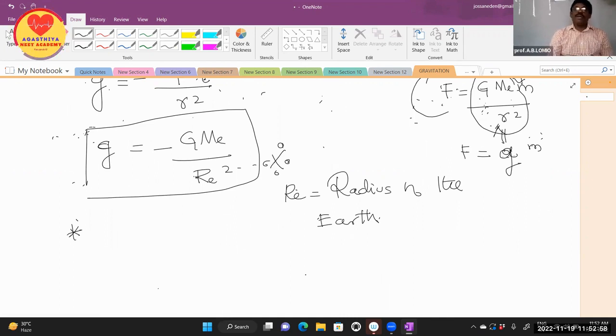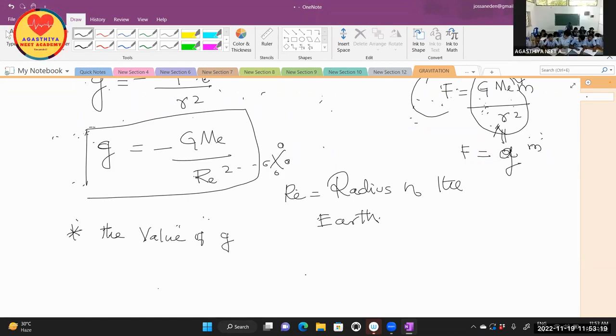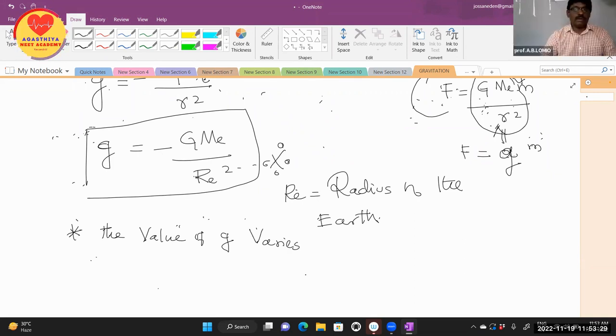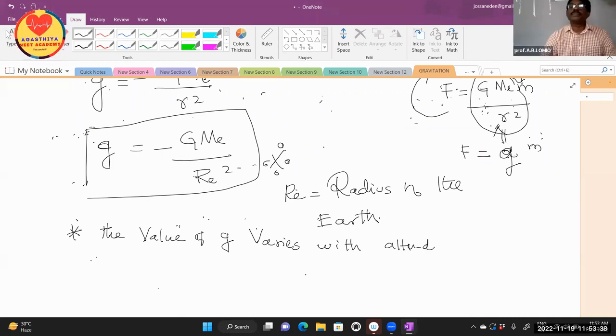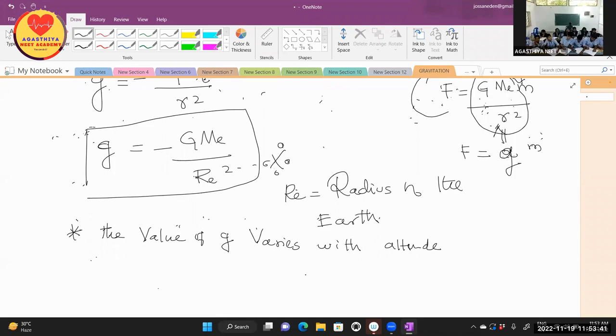The value of g varies with respect to altitude, depth, and shape and rotation of the earth.